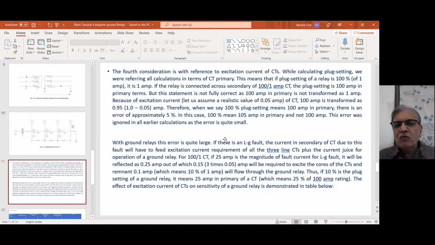Or the other way around, 1 ampere in secondary does not mean 100 ampere in primary, but more or less roughly 105 ampere in primary. So 105 ampere is reproduced as 1 and not 100 as 1. So not 100 but 105 means there is a 5% error. In my calculation there was a 5% error, which I ignored in case of phase relays.